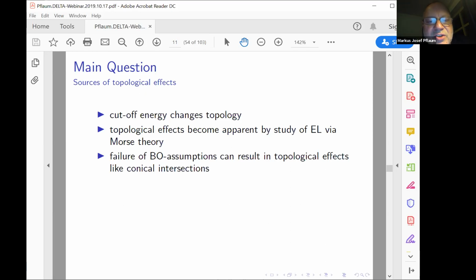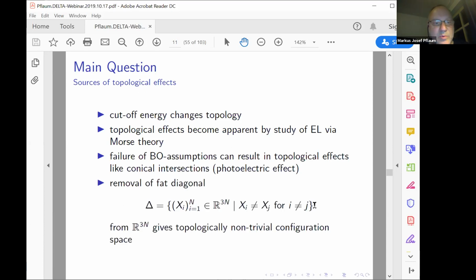And that immediately changes the topology, and it's actually measurable. For example, the photoelectric effect is a topological effect, a quantum mechanical topological effect of the energy landscapes, of the first one and the second one touching.